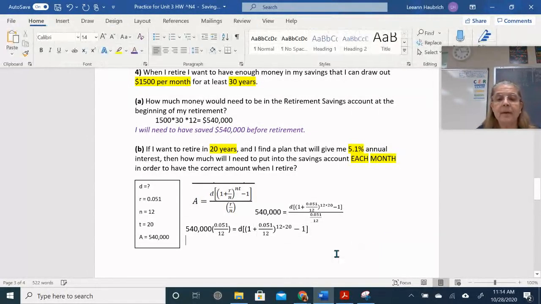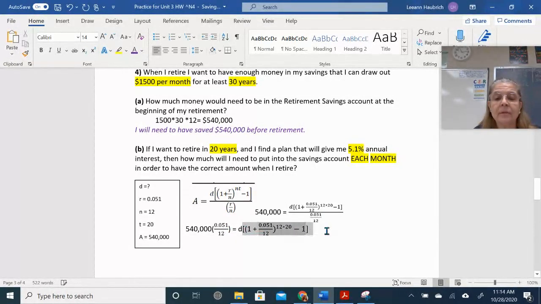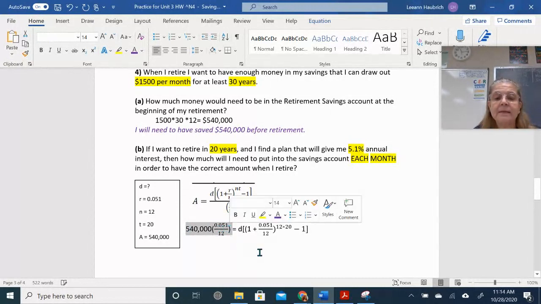Okay, so this might make it a little easier so I know what I'm putting in the calculator. So, it's a lot here. So what's going in the calculator is all of this divided by all of this to get the D by itself. I want to get the D by itself. So I need to put everything on the left side and divide that by everything on the right side.